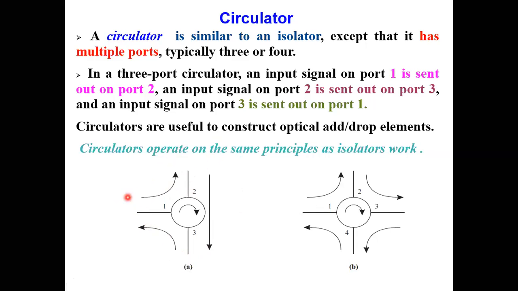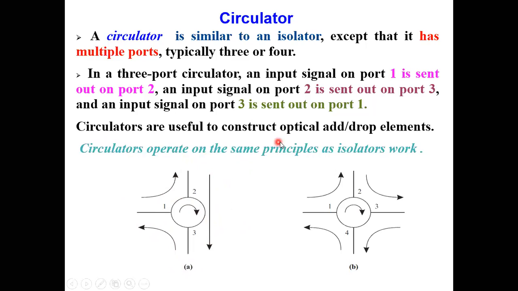But in the case of a circulator, we have many incoming signals. Only the incoming signal from one port is routed to another port. From port 1, it is sent through port 2. From port 2, another signal enters and comes out through port 3. And from port 3, another signal enters and comes out through port 1. So I have multiple signals entering a circulator and multiple signals coming out of it.